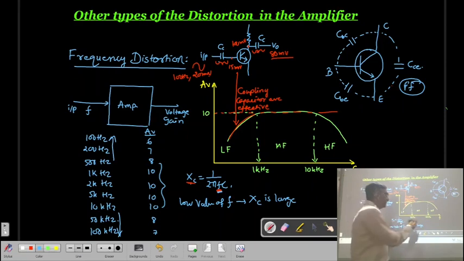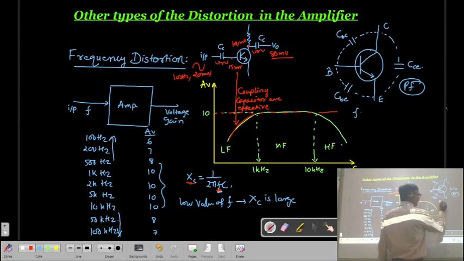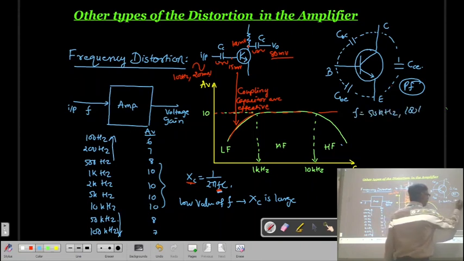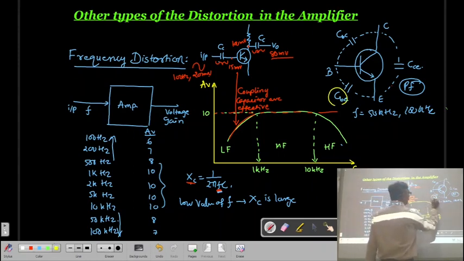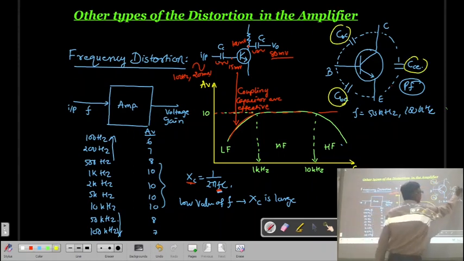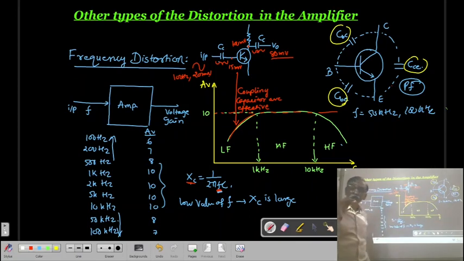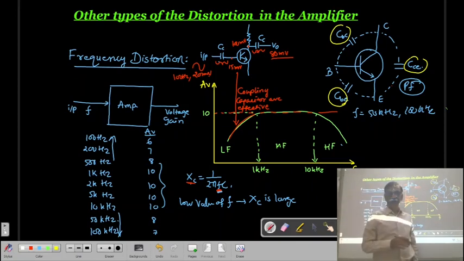But when we apply a high frequency like 50 kilohertz or 100 kilohertz, then the reactance of all these capacitors is going to decrease, and that's why the output signal is also going to decrease, because the reactance will be less, so the signal will get the path.